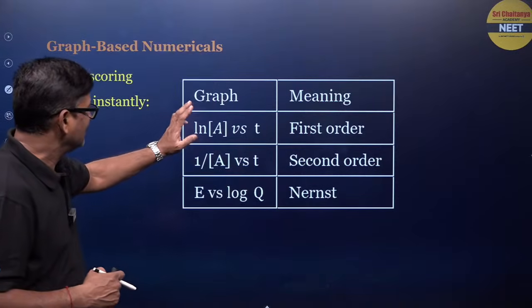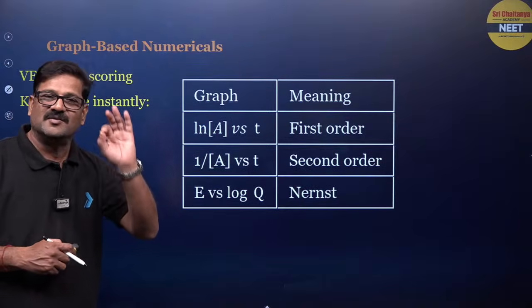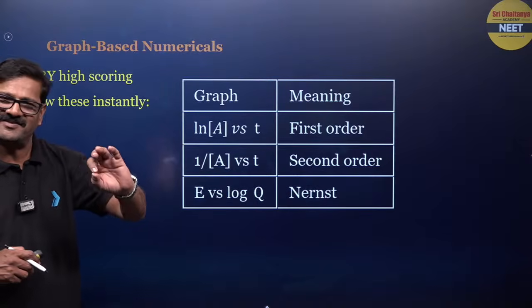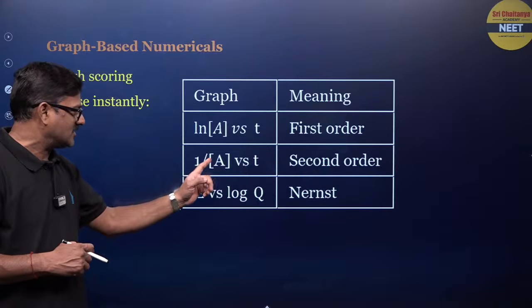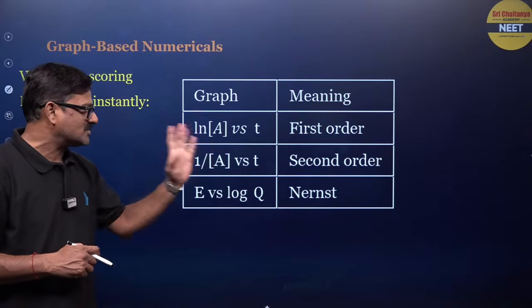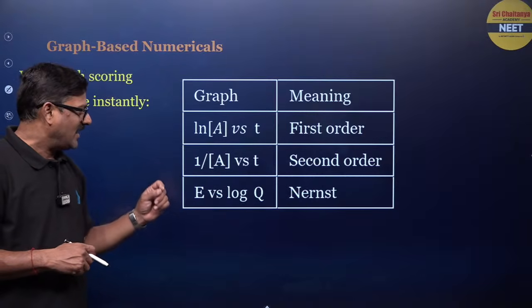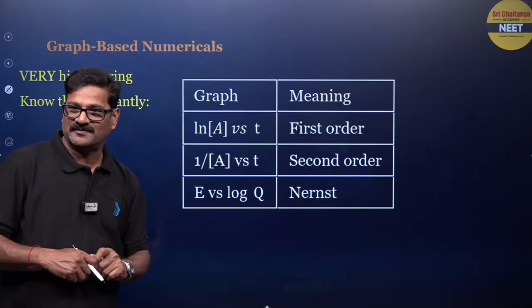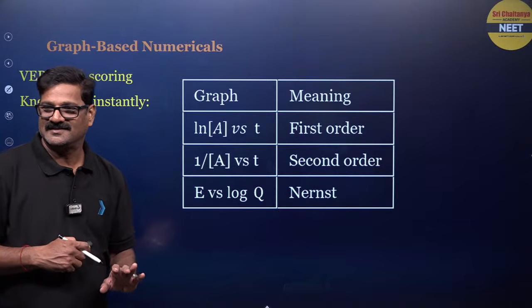See here, if a graph of ln A versus t is asked, it will be first order. It's a trick. Okay, 1 by A, that is 1 by reactant concentration versus time, is supposed to be second order. And E versus log, it's the Nernst equation. Directly you connect there, isn't it?